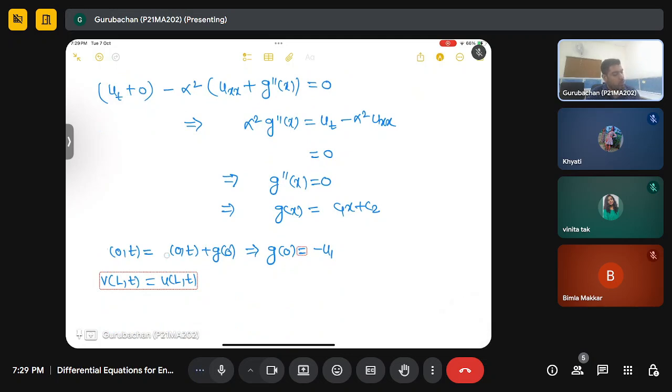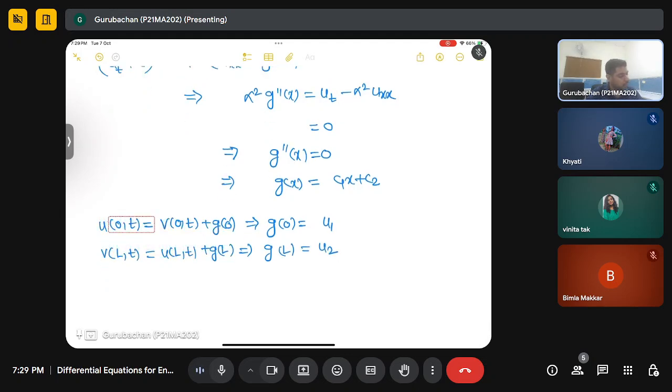So from this, your u(0,t) is v(0,t) plus g of 0, so g(0) will be u1. Next is g of l, so this will give us g of l as u2. If you apply this, this will give you c2 is u1, and this will imply c1 l plus u1 is equal to u2.